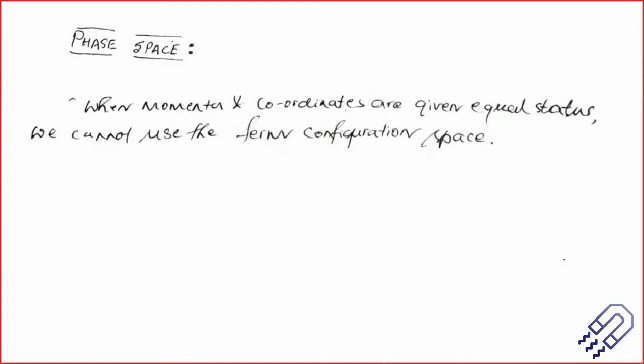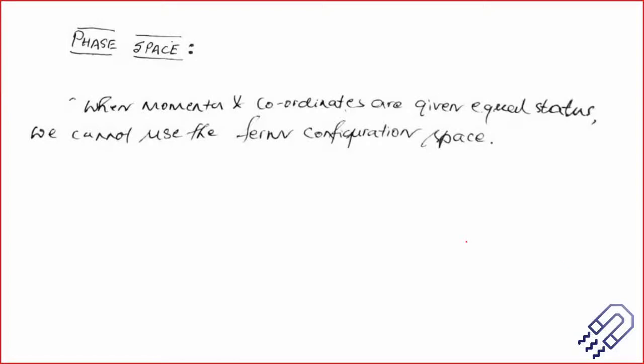Configuration space only talks about a particular position at any instant of time, as in the Lagrangian, but phase space will give you more information. If you consider n dimensions, it also includes the dimensions of momentum: in which direction it's moving, what its velocity is, and all that information can be extracted from there.